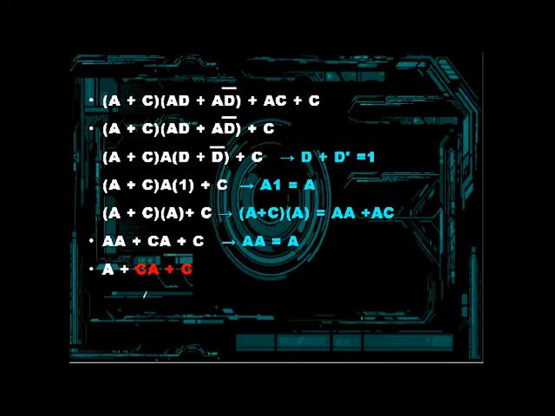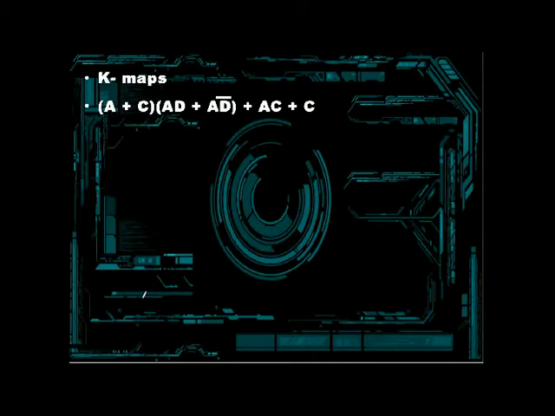So I took this as C, I'm left with what? A or C. A or C. This is the simplification using Boolean rules. Now K-maps, we need the truth table, yeah?